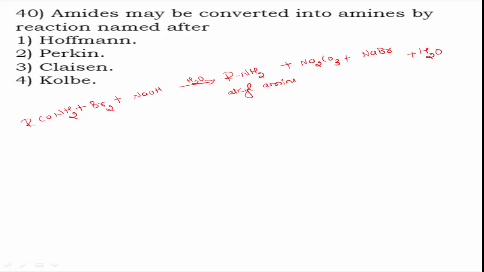Balance the values like this: it is 4 NaOH, 2 NaBr and 2 moles of water. Yes, this is the reaction which shows the conversion of amides to amine, and this reaction is explained by Hofmann.